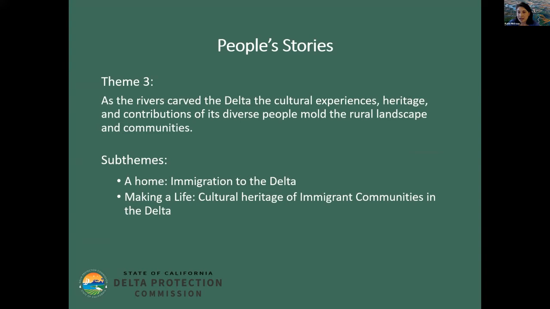I might have to recategorize the one called People's Stories, because it's confusing with Native American stories, since we're all humans. It might be more like immigrant and American stories. But this is really about the story of who has come through the Delta, who has lived here, who still lives here, and how the cultures they brought with them continue to thrive, have changed, and created new cultures, like Matt was saying.